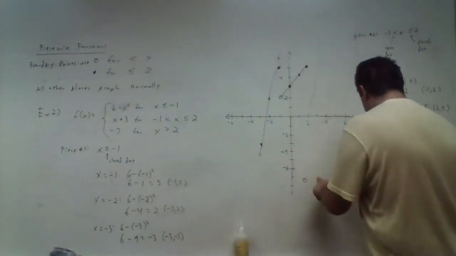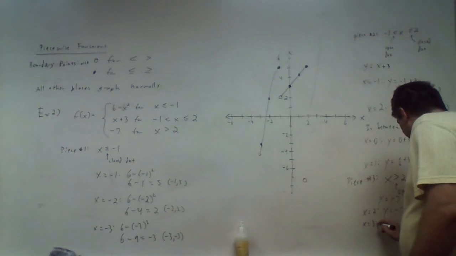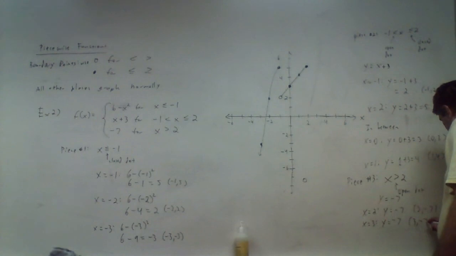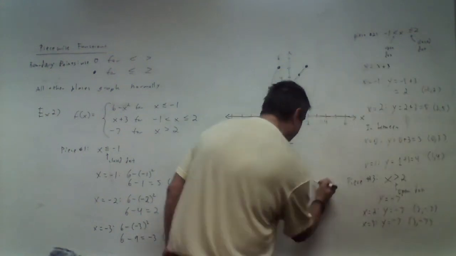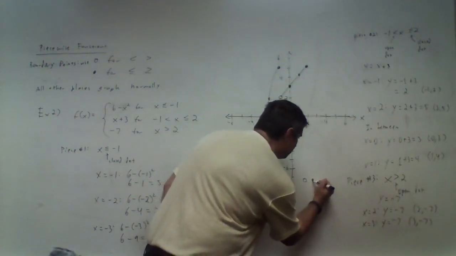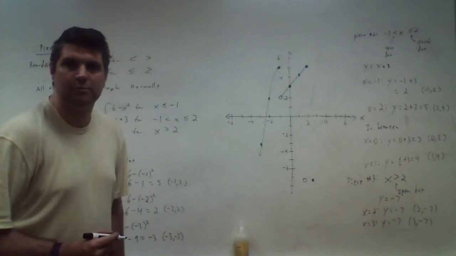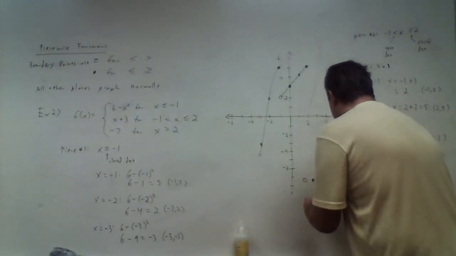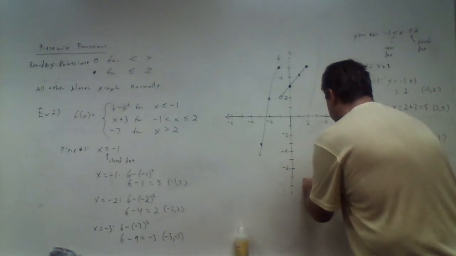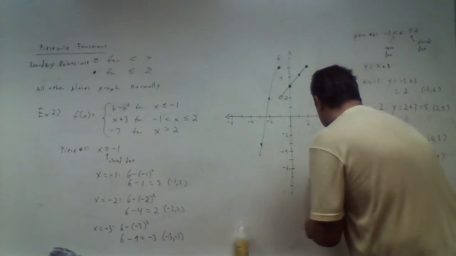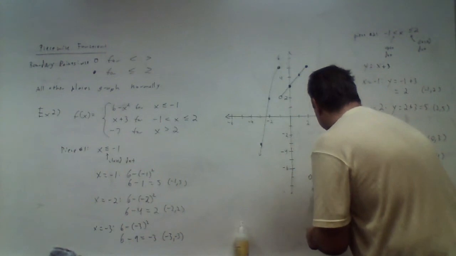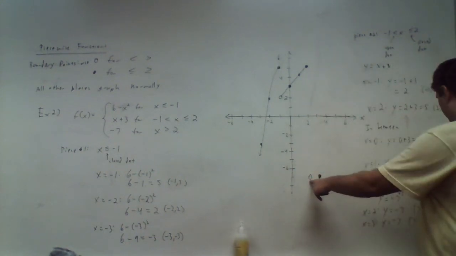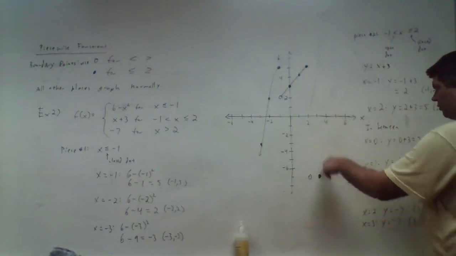Going to the right, x equals 3. y equals negative 7. So now we will have 3, negative 7. Okay, so 2, negative 7 with an open dot because it's a boundary point. 3, negative 7.